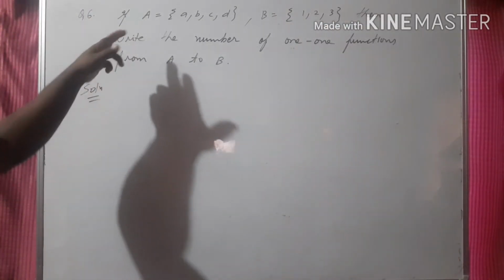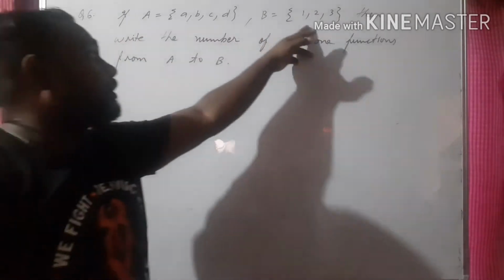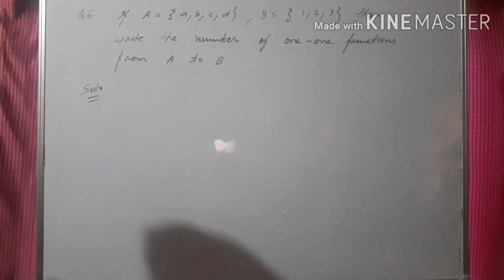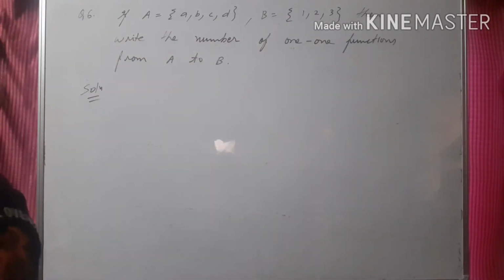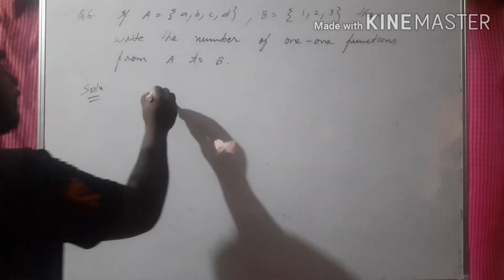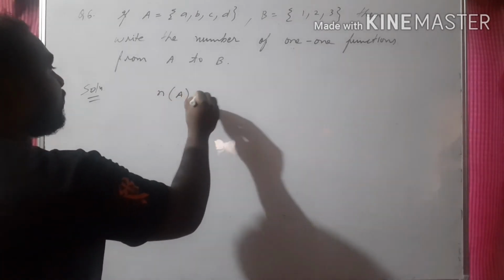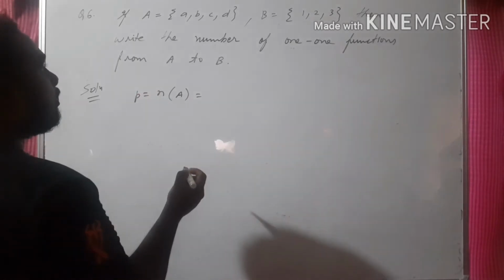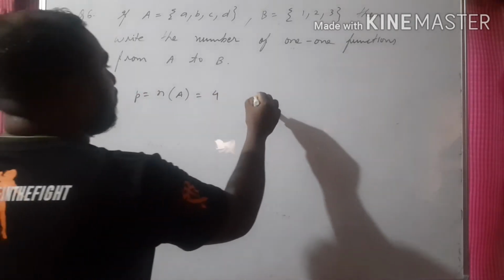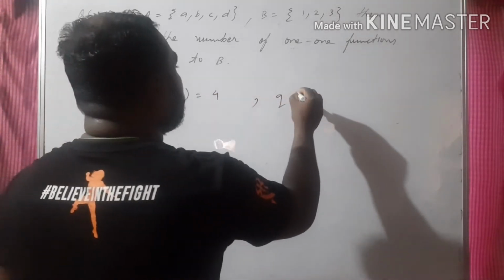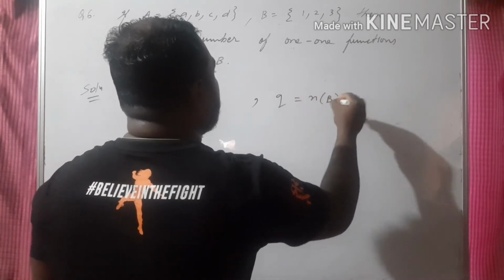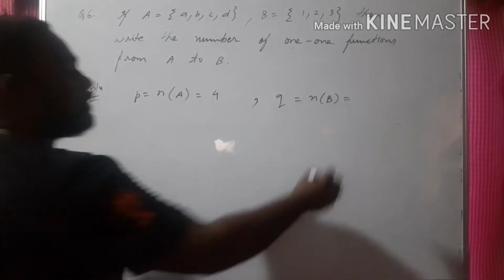Next question: set A is given, set B is given. We have to find the number of 1-1 functions from A to B. Here we can see that the cardinality of A is 4 and the cardinality of B, the number of elements of B, is 3.